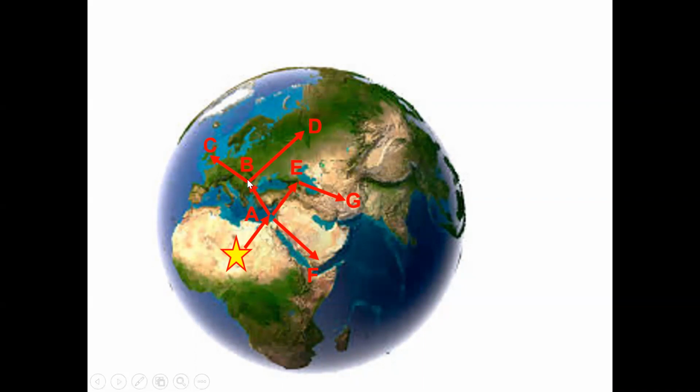When they got to that destination, another mutation might have arisen, giving mutation B. So those humans there would have been carrying mutation A and mutation B, and you could get that from their genome. Similarly, the population that travelled in this direction would be carrying mutation A, and you might have got another mutation, mutation E. So mutation A and E. And the part of the population that went in that direction might have had mutation G arise.